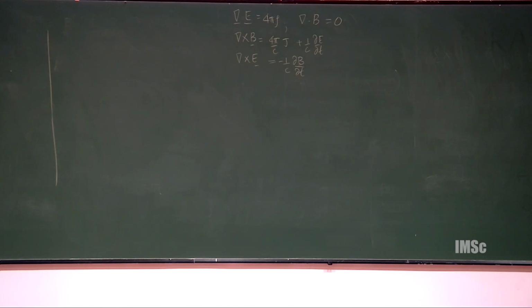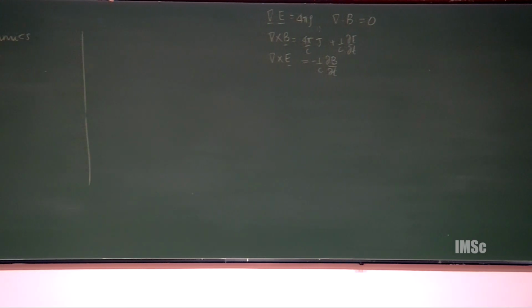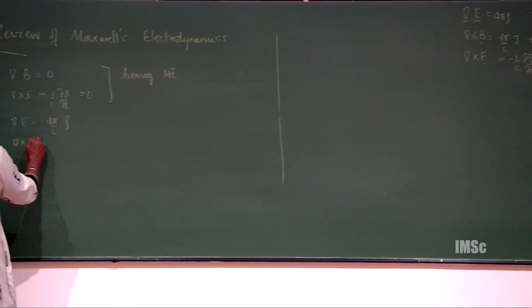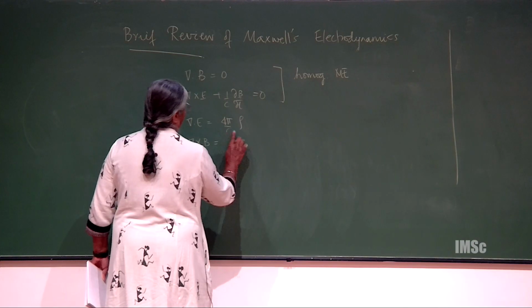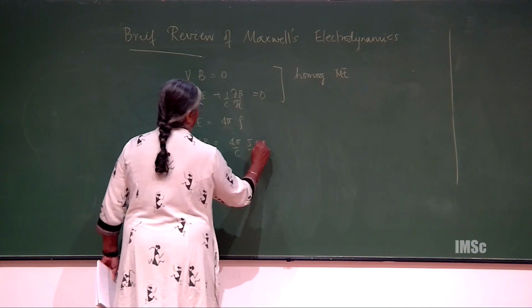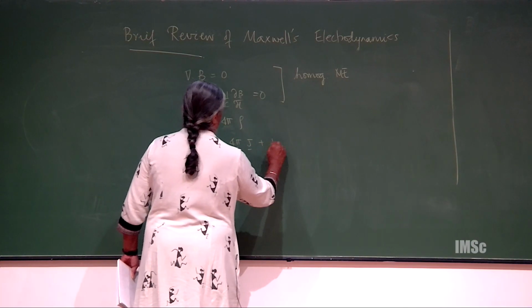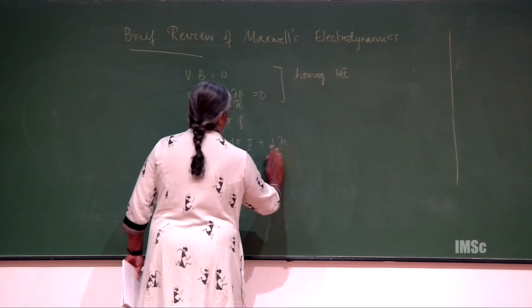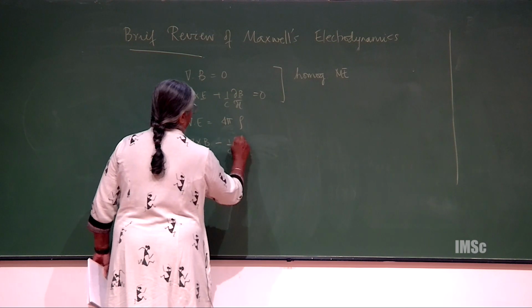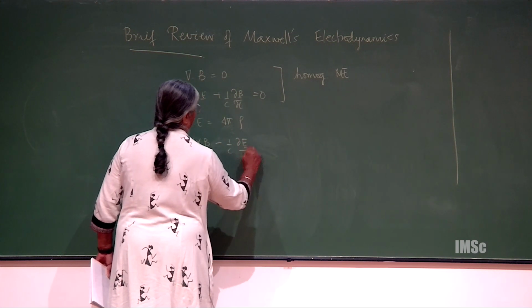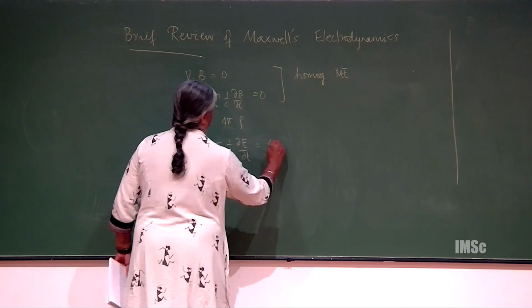Either it is 4 pi rho or rho by epsilon naught, I don't care. And del cross B is equal to 4 pi by c j plus 1 by c. Let me write it the other way. Minus 1 by c dE by dt equal to.